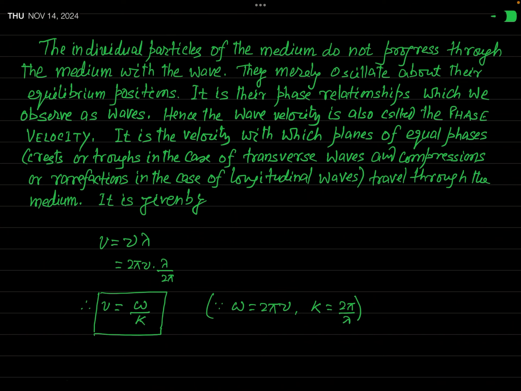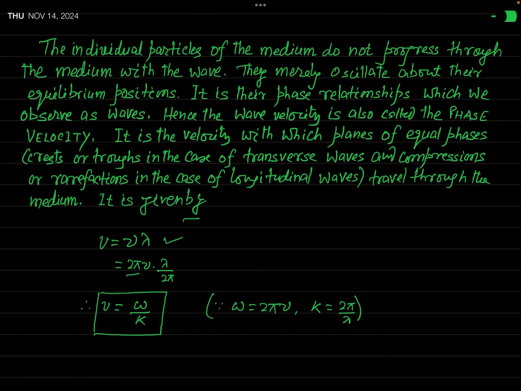So this phase velocity of a wave is given by this formula, v equal to nu lambda. Definitely you have studied it in your lower classes. Now if you multiply this equation by 2 pi and also divide it by 2 pi, your result will be 2 pi nu times lambda over 2 pi.